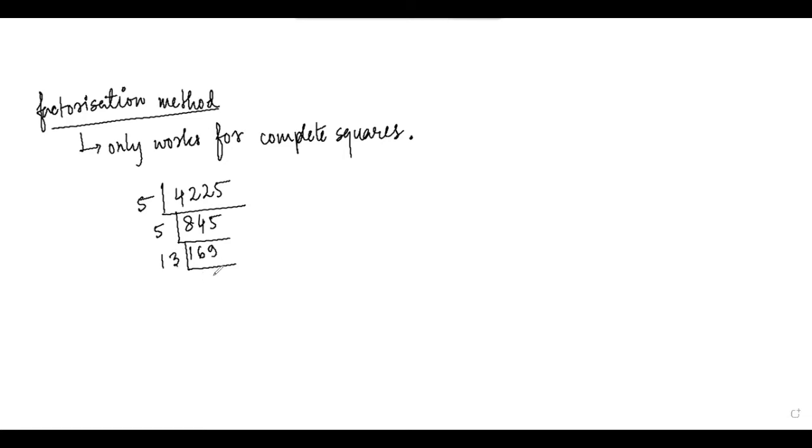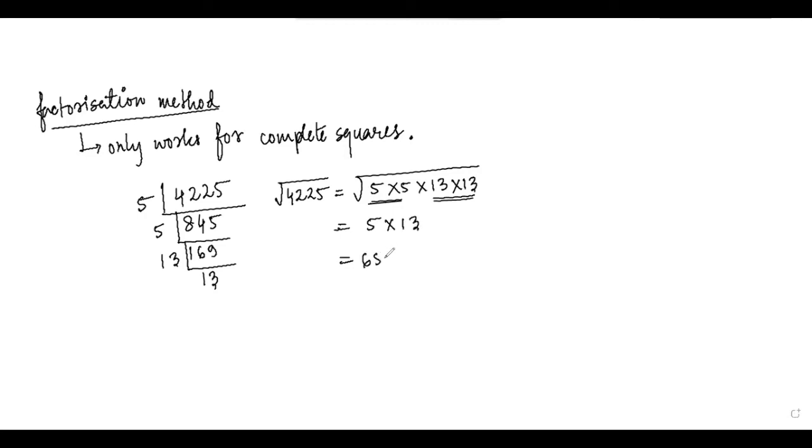So 13 13s are 169. So here we can write that square root of 4225 will be square root of 5 into 5 into 13 into 13. So from these two 5s, 1 5 will come out, and from these two 13s, 1 13 will come out, and the answer will be 65.